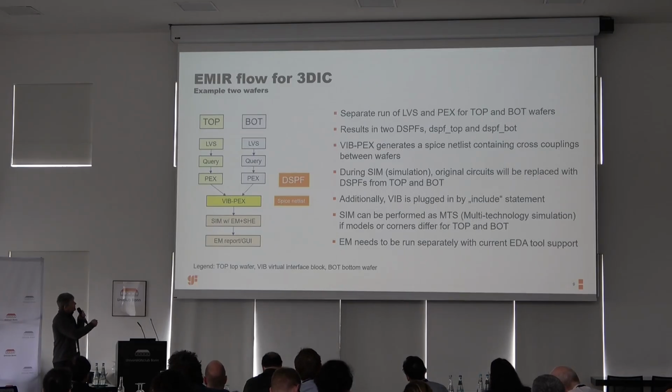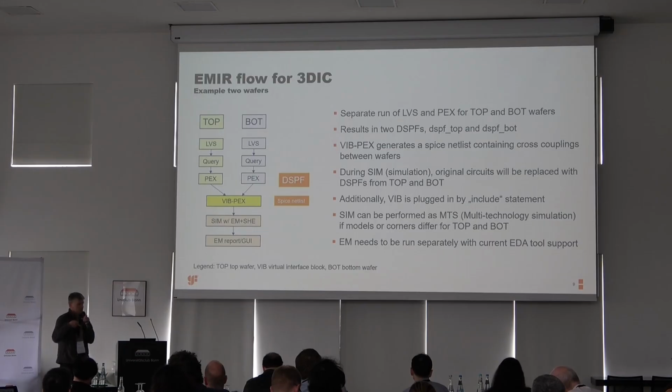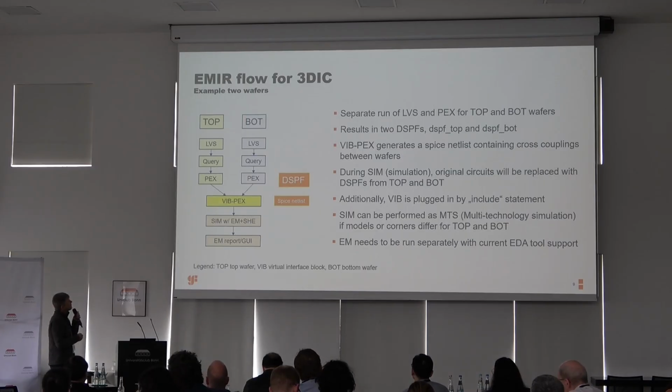And the additional step that was introduced is extracting the coupling capacitances between the wafers. So when you have two wafers with large metal segments, they form capacitances. These are resolved here in this VIB PEX step.